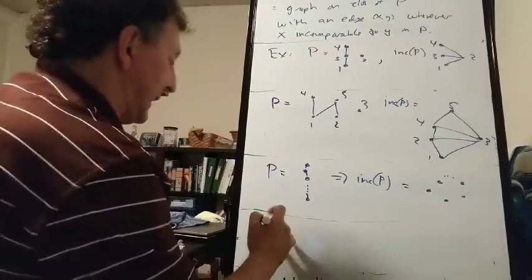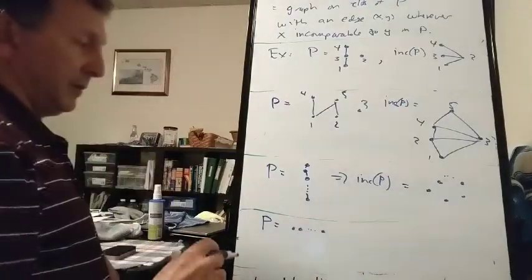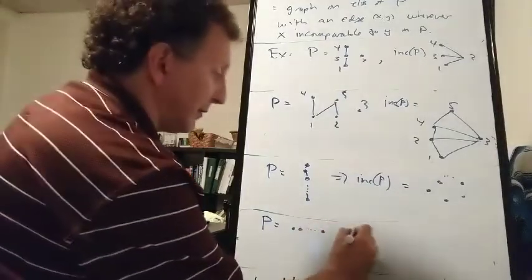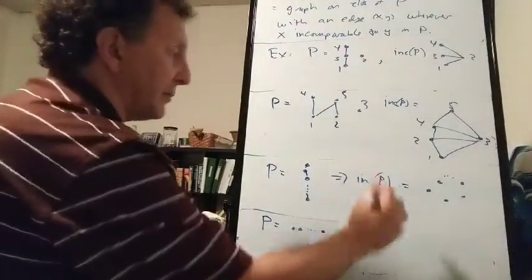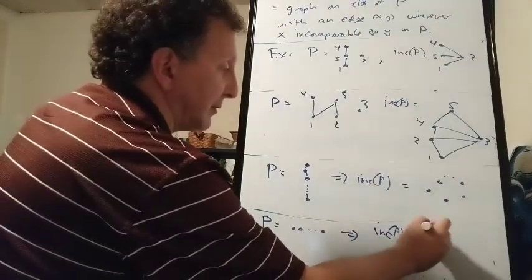And when P is an antichain, so no comparabilities at all, then everything is connected in the incomparability graph.